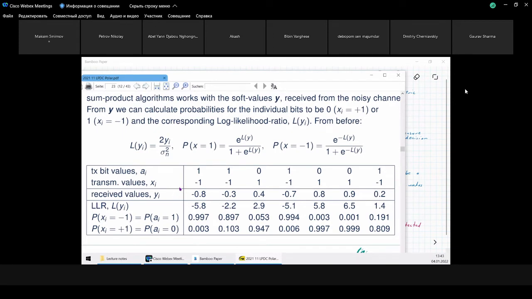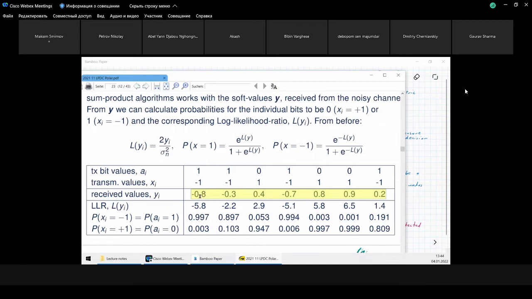Then I model some noise, adding some noise values, which results in these noisy observations. So it could be any real value here. And from this, we basically want to use the Tanner diagram to conclude on the other bits or to improve the probability of our estimates.